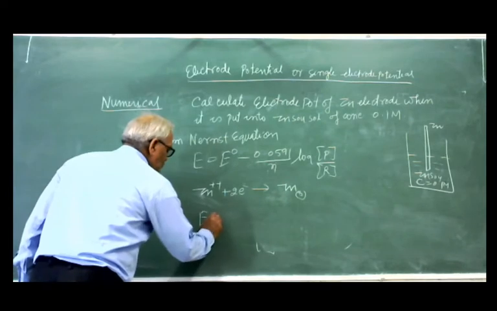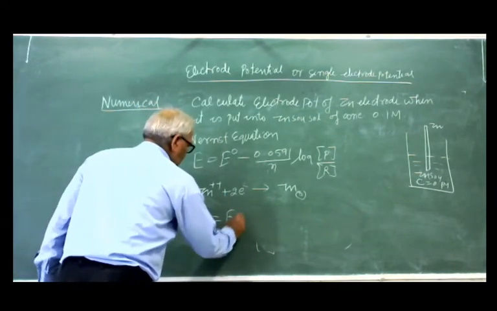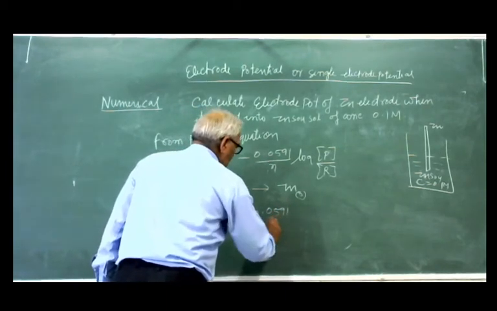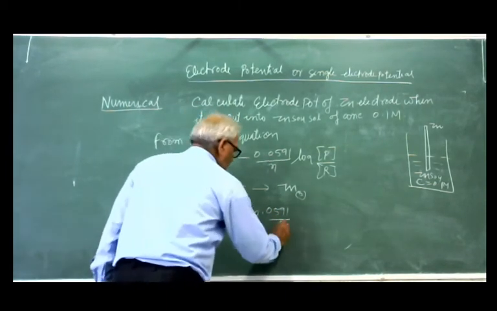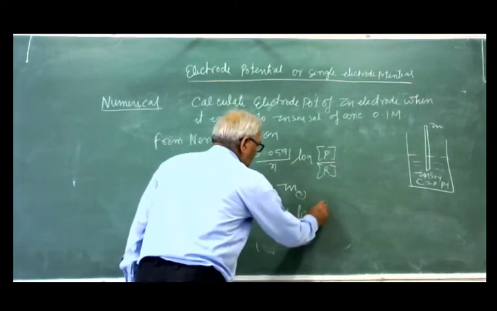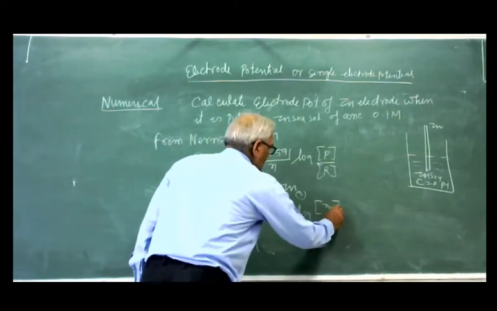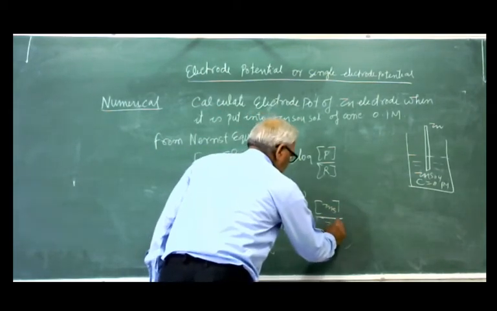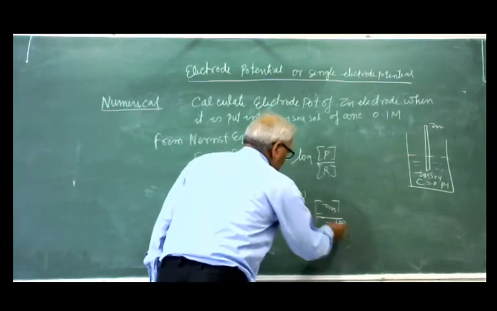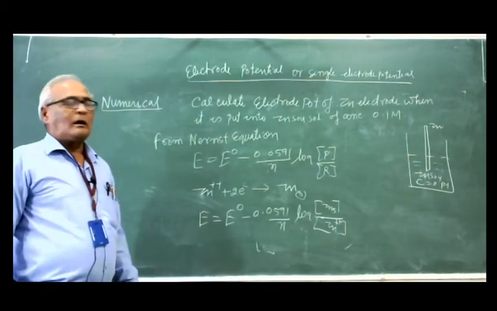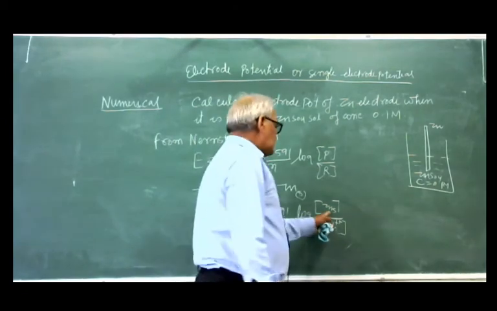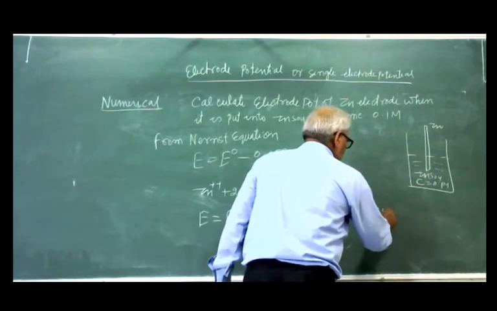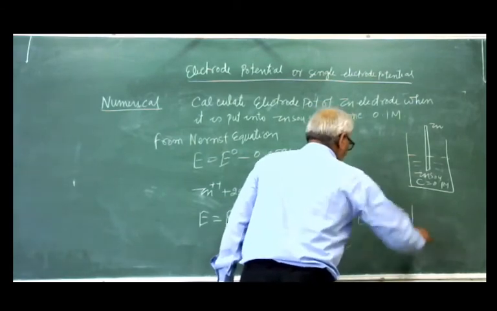So you can put here E equal to E0 minus 0.0591 upon n log zinc solid upon Zn ion. Like this. For the solid, the concentration per unit volume is 1. You can say Zn solid is equal to 1.